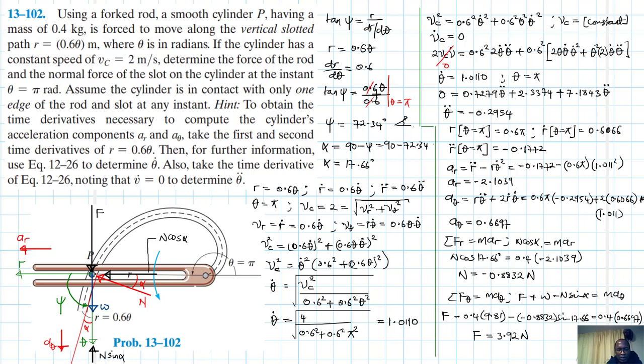So let me write this. This minus simply means our N, which is 0.8832 newtons, is going instead in this direction, and our F is going in that direction as calculated.